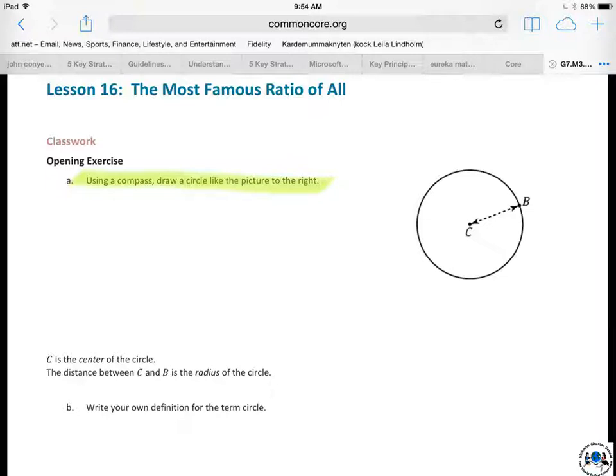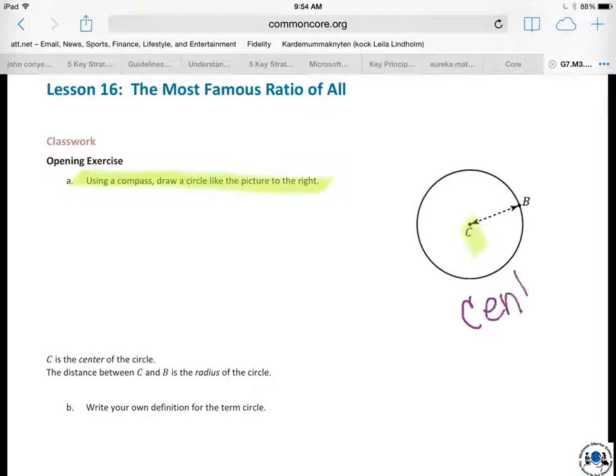A couple things to notice: there will be different ways we will see circles labeled. C is generally going to be the center of a circle.